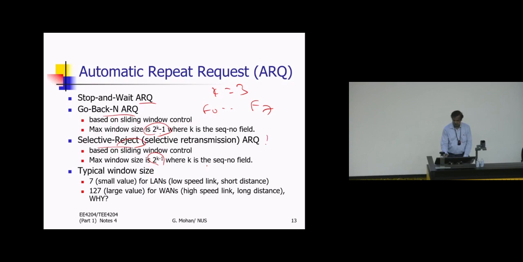That is, if k is equal to 3, we can have F0 to F3 only. Not more than that.